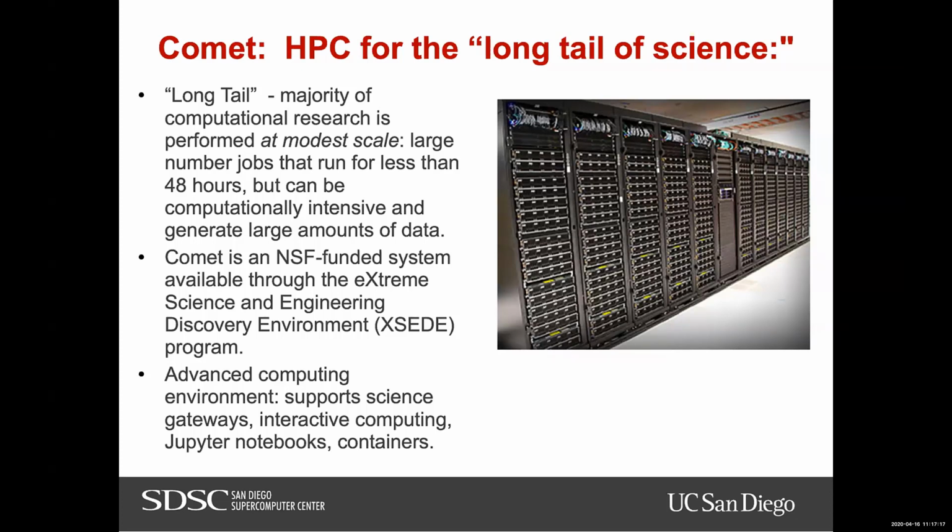Most jobs run less than 48 hours, but we can extend that. But they tend to be computationally and now data intensive. So the next version of Comet will have more cores, more GPUs, 282 GPU nodes, and be built for data movement and management, so we can support machine learning and a lot of the data science initiatives. It's funded by NSF.